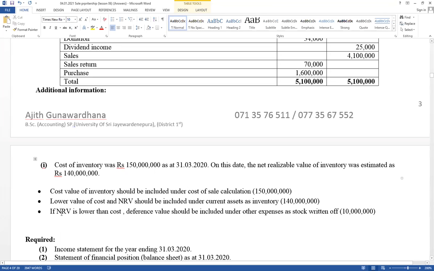The next one, if net realizable value is lower than the cost value, think about net realizable value equal 140,000. Cost value equal 150,000. Therefore, net realizable value is lower than the cost value. In this situation, we have to recognize stock written off. That value should be included under other expense. Right, think about if it is given like that.